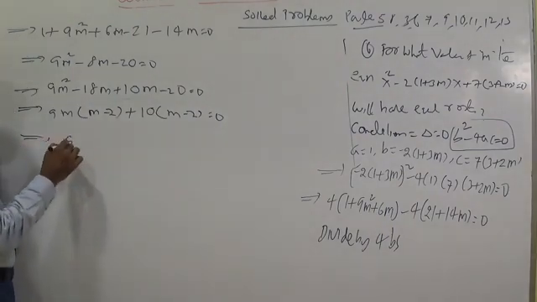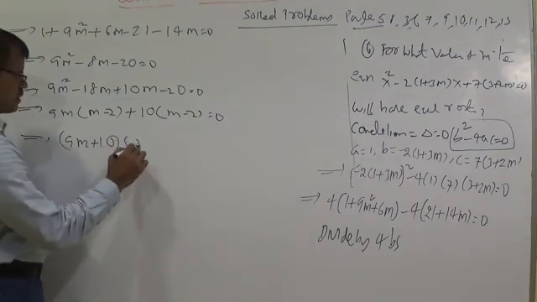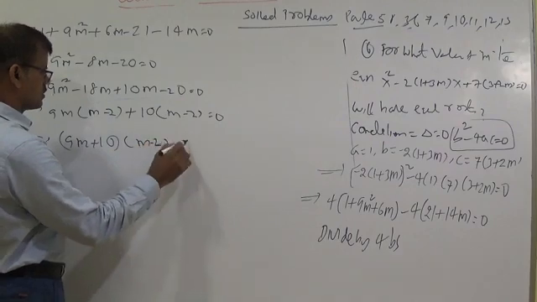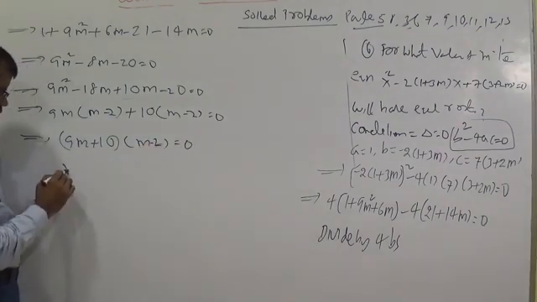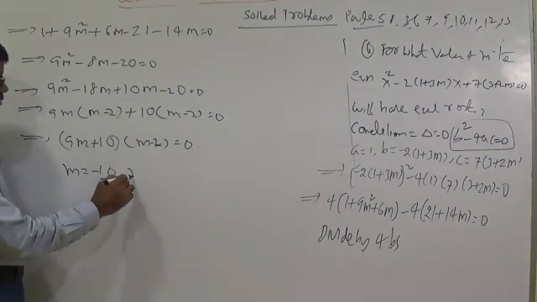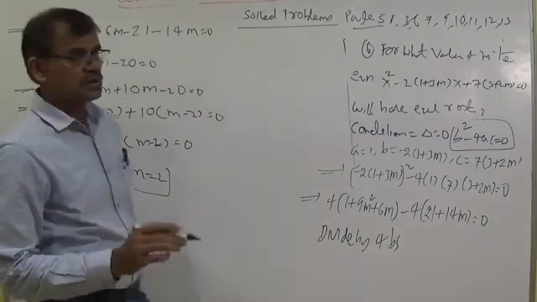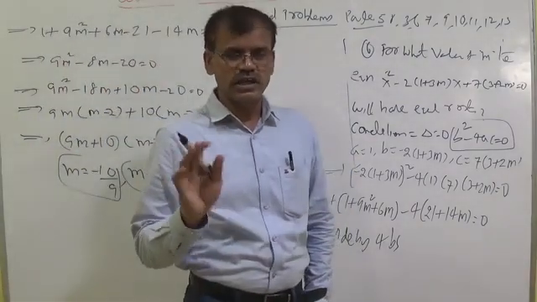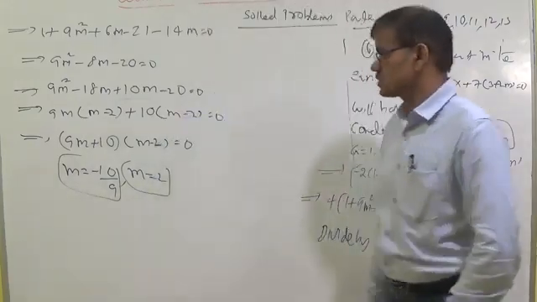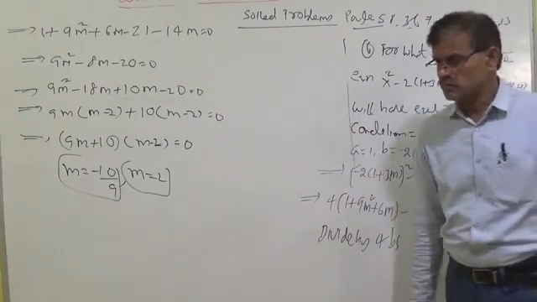Once again taking common, (9m plus 10) into (m minus 2) equal to 0. So 9m plus 10 equal to 0 gives m is equal to minus 10 by 9, and m is equal to 2. Whether the sum is lengthy or not, this is an important 2 marks question. Such bits will be given in the MSET exam for 2 marks only.